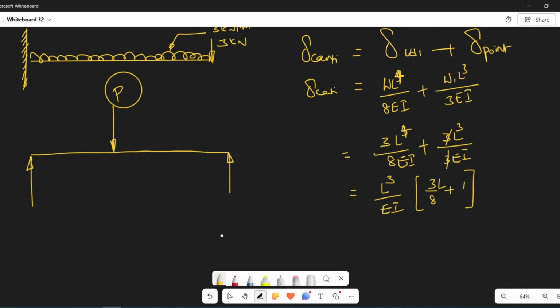Now we know that the length is 4, right? 12.